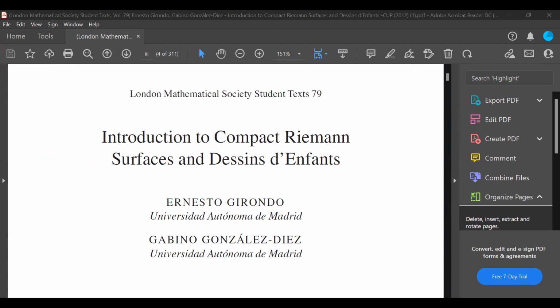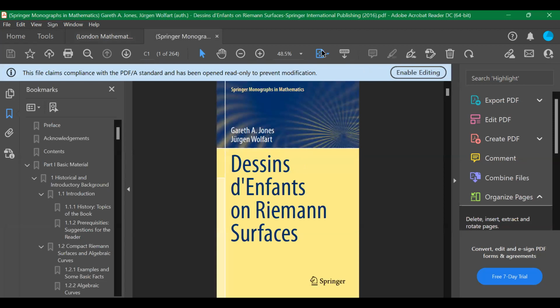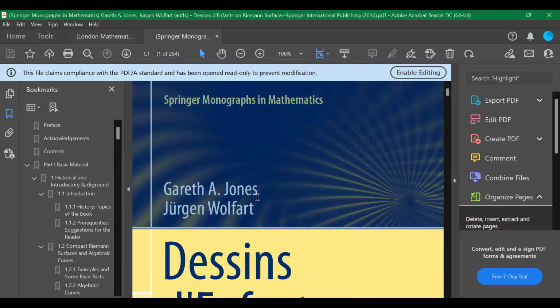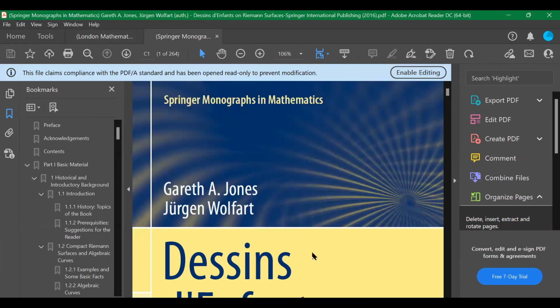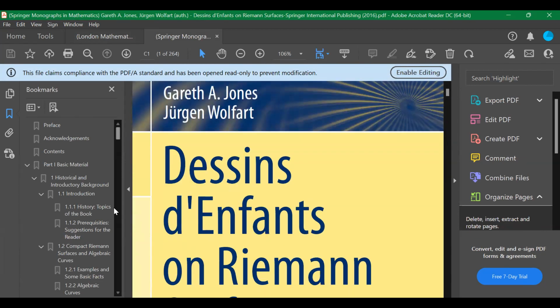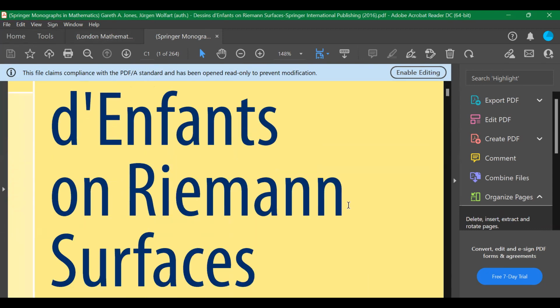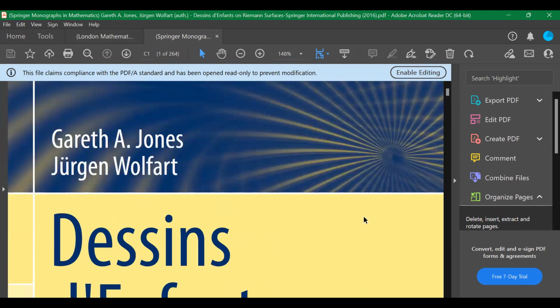When was this book written? 2014, I think. Just let me confirm. Yeah, I'm checking. So can you see this book? Yeah, this is another book: Dessins d'Enfants on Compact Riemann Surfaces, by Jürgen Wolfart.